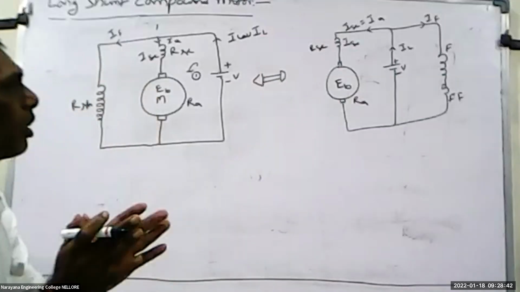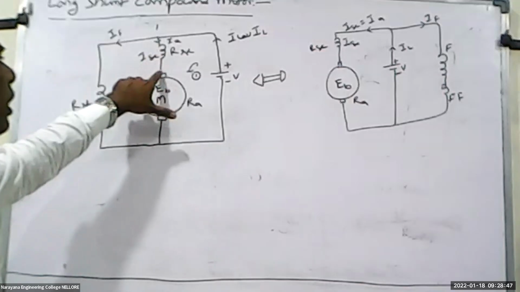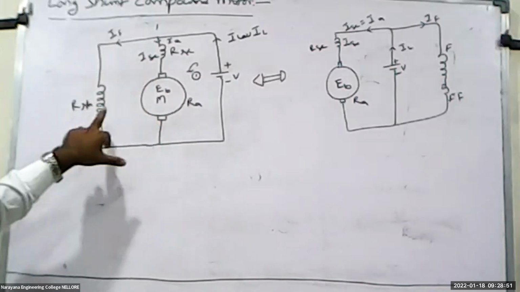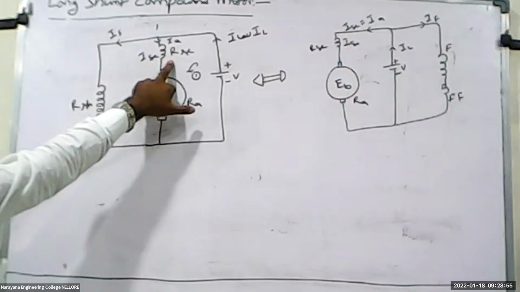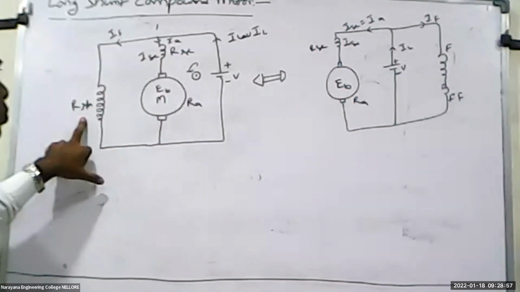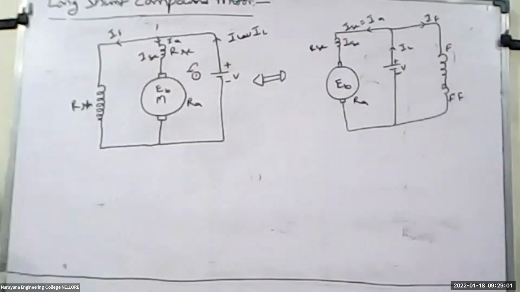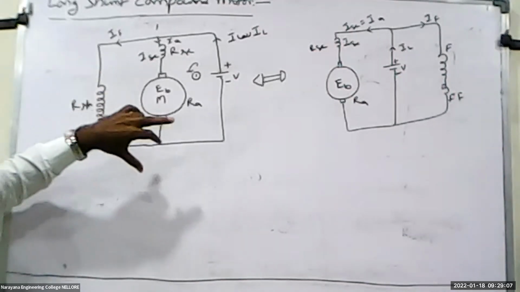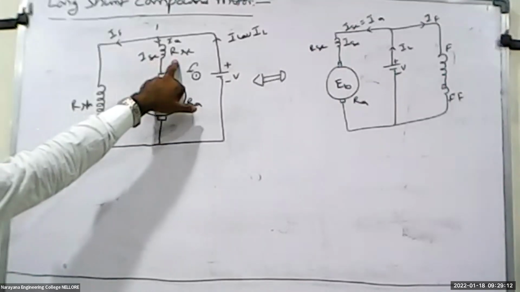So long shunt. What is long shunt? First you observe here, series field winding is connected before shunt field winding. So after series field winding, we are connecting shunt field winding. So it is called a long shunt compound motor. So what is the definition?